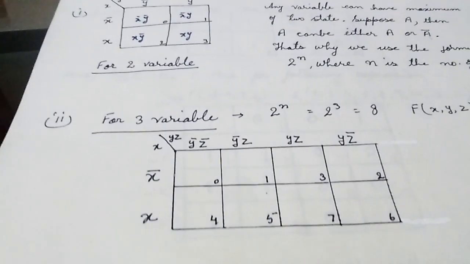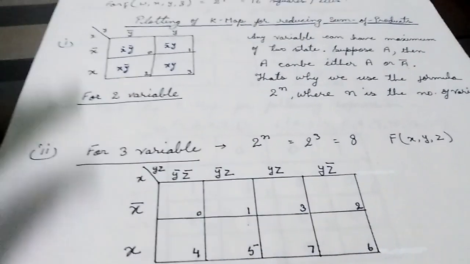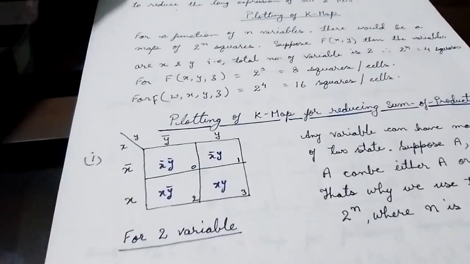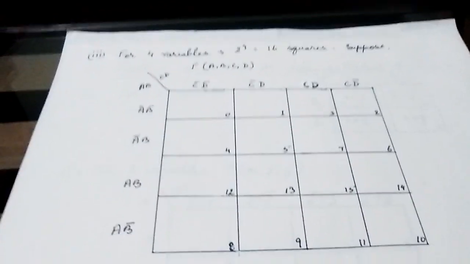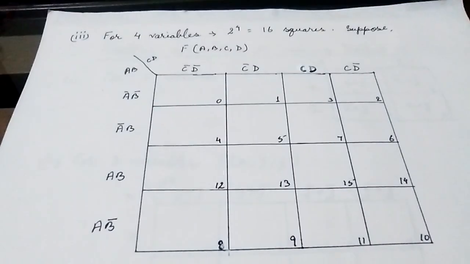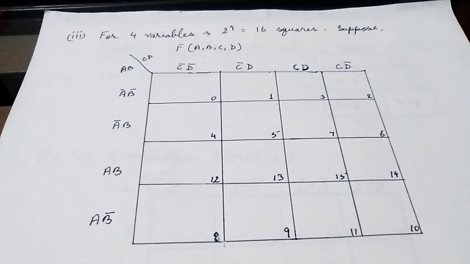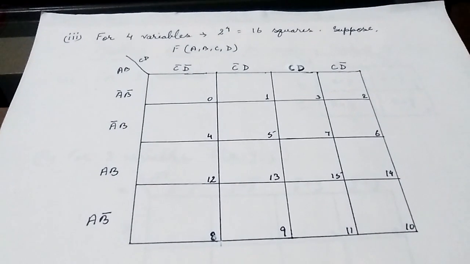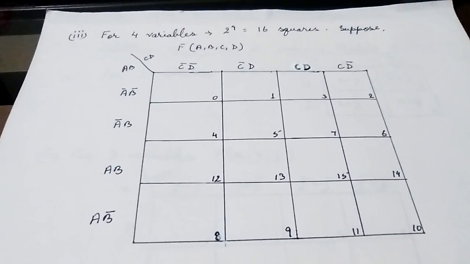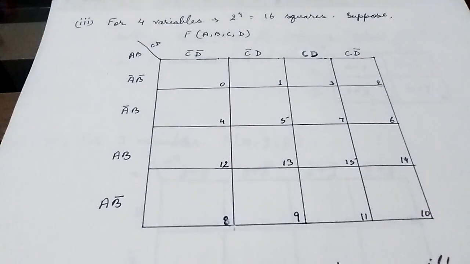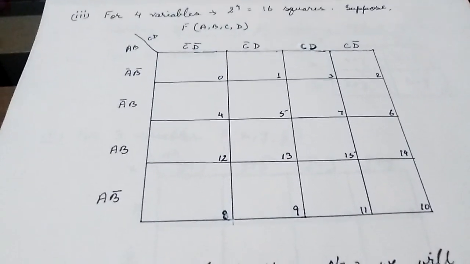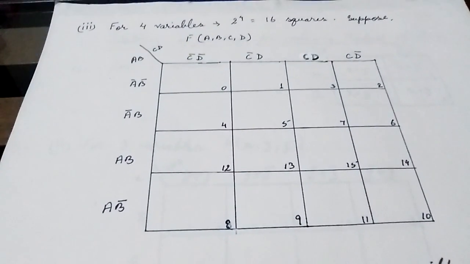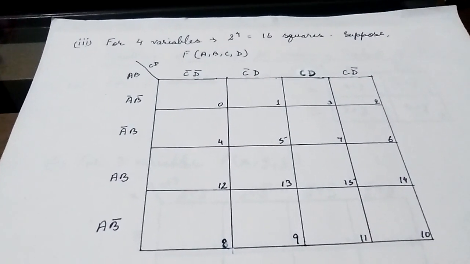Let us see the third one, that is the 4 variable combination, how to plot the variables when there are 4 in number. This is very important because in your exam you will get either 3 or 4. The 4 variable, that is 2 to the power of 4 equals 16 squares.